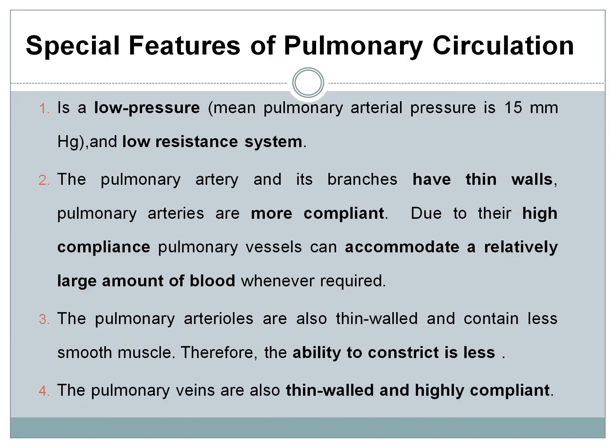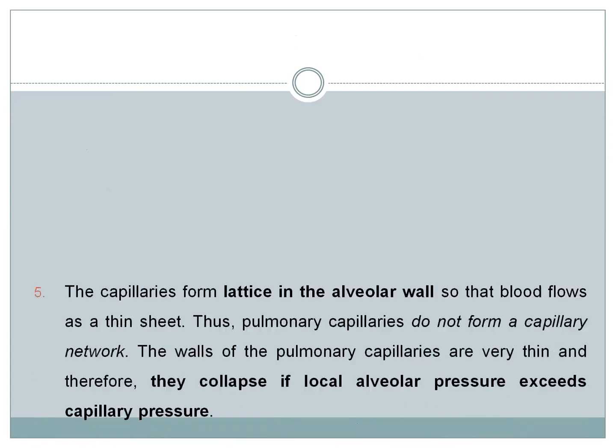These are special features which are not seen in other types of circulation. They are seen only in pulmonary circulation. Low pressure, low resistance, more compliant, less ability to constrict as there is less smooth muscle in the arterioles, and veins are also thin walled and highly compliant.